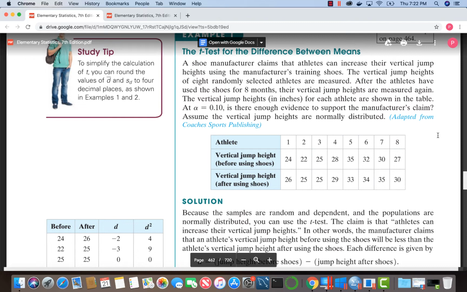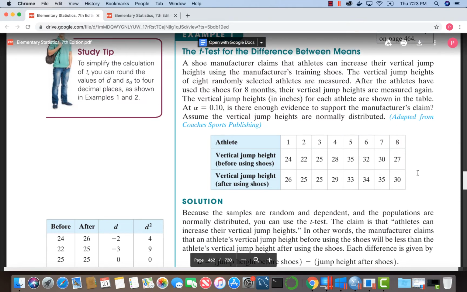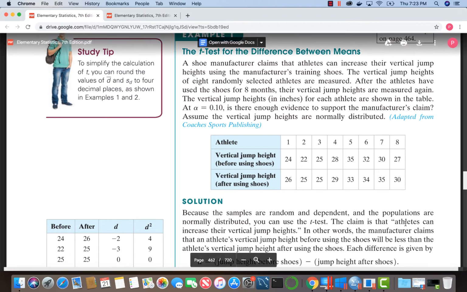Is there enough evidence to support the manufacturer's claim? Assume the vertical jump heights are normally distributed. So here's our data set. We have 8 athletes, so n will be 8. We have their vertical jump before using the shoes and vertical jump after using the shoes.